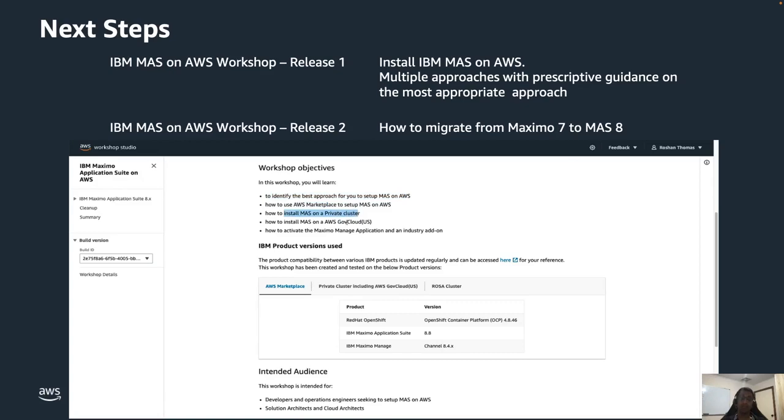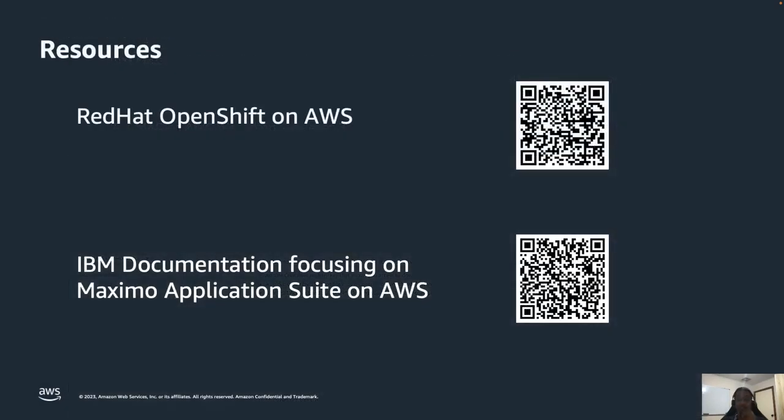All right, so we have reached the end of the presentation, IBM Maximo Application Suite on AWS. Here are a few resources that you could find handy. The first one is Red Hat OpenShift on AWS, also known as ROSA. The QR code there links to the ROSA documentation for AWS.